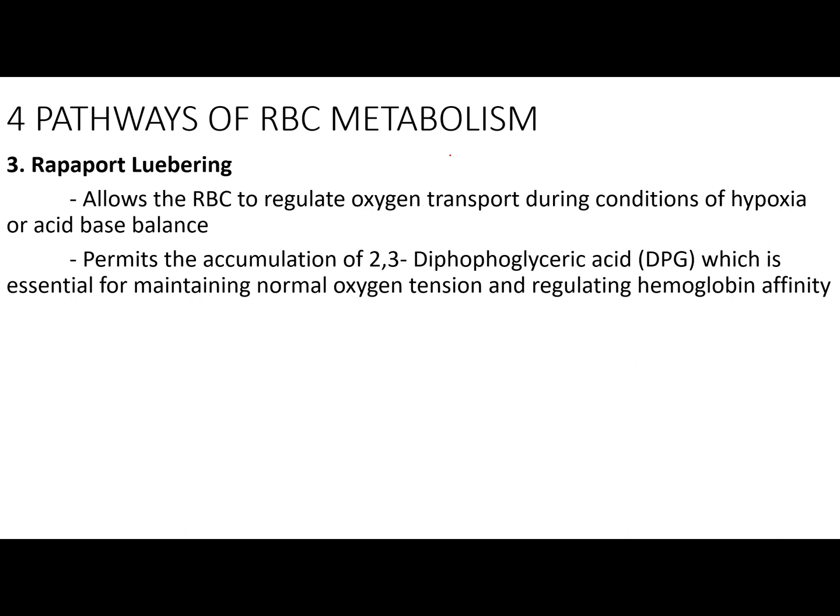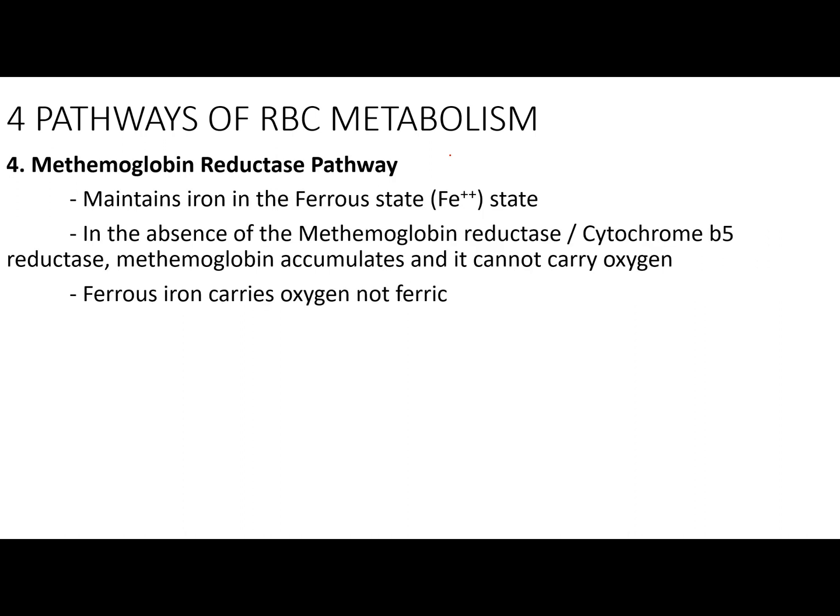Let's go to the next and the last one, the methemoglobin reductase pathway, class. It maintains iron in the ferrous state. In the absence of the methemoglobin reductase or cytochrome B5 reductase, methemoglobin would accumulate and thus it cannot carry oxygen, class.